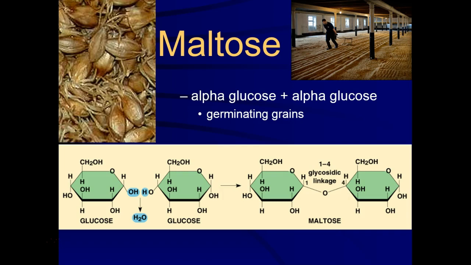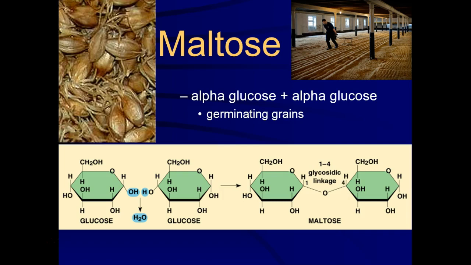So the grain starts releasing these enzymes, and it starts growing little roots and things like that, and it starts breaking down this starch into much more palatable maltose molecules.